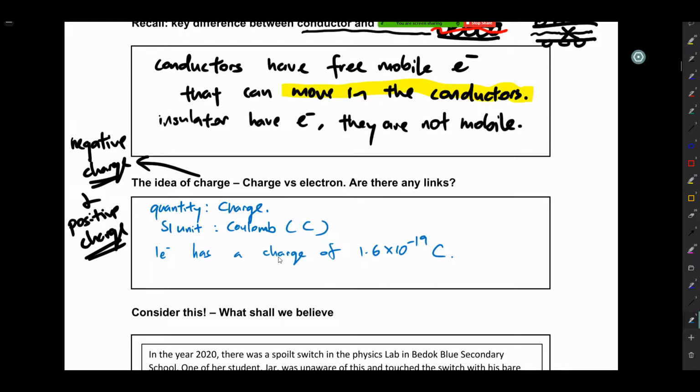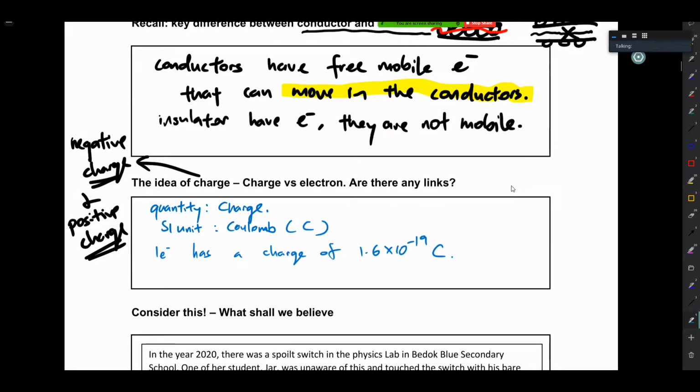That means it's able to create an electric field of somewhat around this strength at the center of it. Charge is telling you how much electric field you can create. Obviously, the stronger your charge, the more electric field you can create.